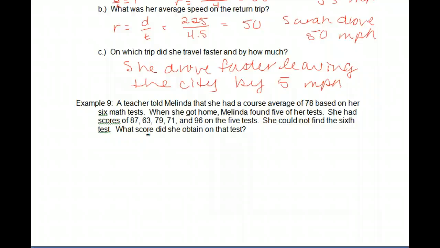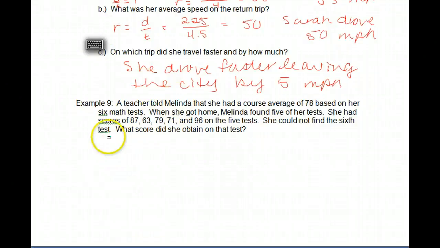When she got home, she found 5 of her tests. She had scores of 87, 63, 79, 71, and 96 on the 5 tests. She could not find the 6th test. What score did she obtain on that test?